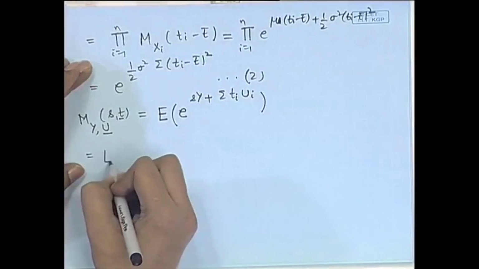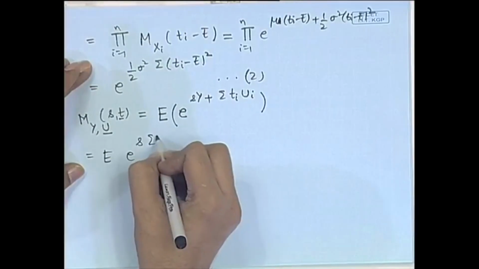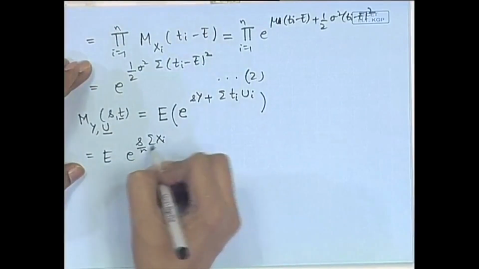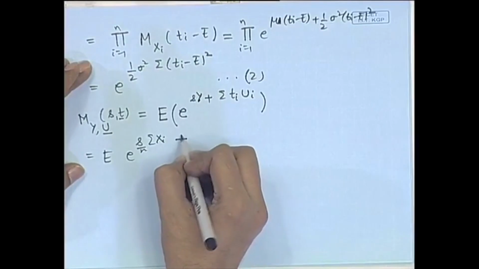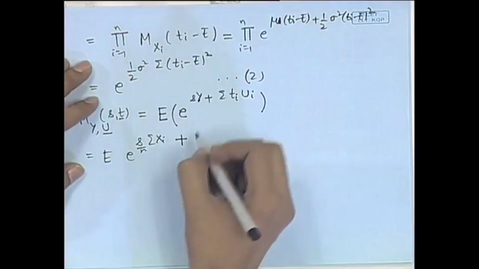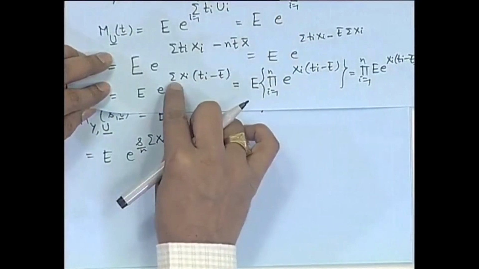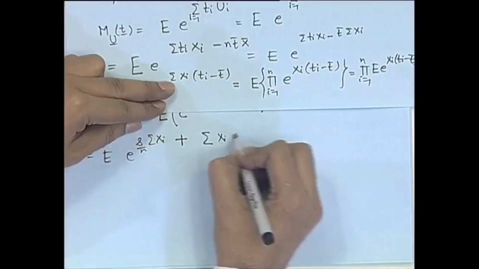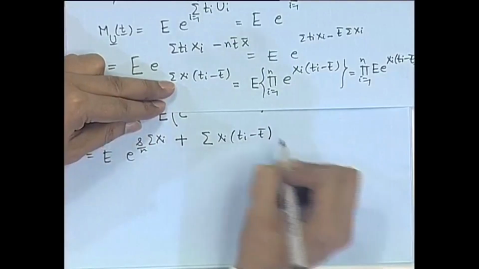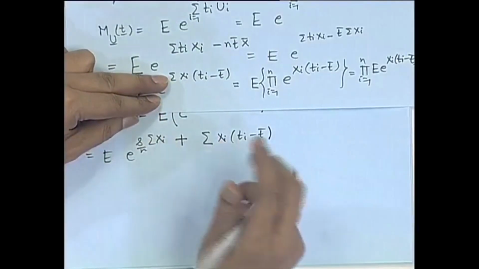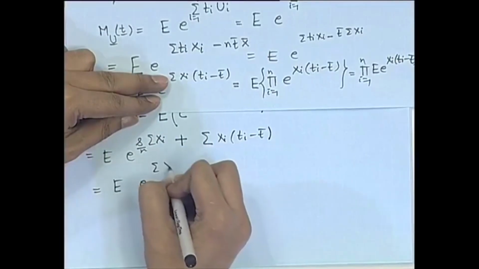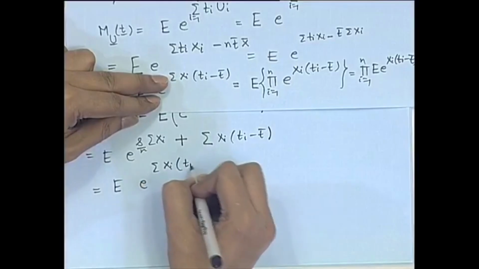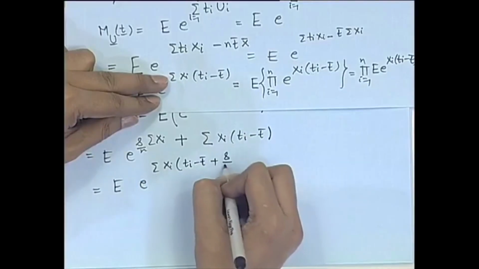It becomes the expectation of e to the power s sigma x_i by n, that is Y is the mean, plus the second term sigma t_i U_i, we are using the simplification that we did just now, that is sigma t_i U_i is equal to sigma x_i (t_i minus t bar). We again combine these terms here. So, this becomes the expectation of e to the power sigma x_i (t_i minus t bar plus s by n).